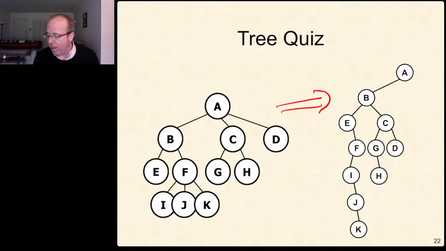So B is the leftmost child of A. C and D are its siblings. Now we're going to recurse, so we're going to call it for B, C, and D. B's leftmost child is E. E's sibling is F. C's leftmost child is G. G's sibling is H. And for D, there's nothing to do because D is a leaf, so we're done with D. Now we recurse on E, a leaf, we're done, nothing to do there.